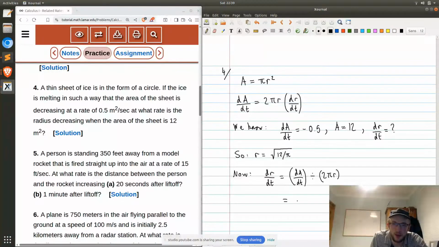And so just putting everything in, we're going to have this divided by 2 times pi times this, or so I believe. And so we've got to compute that. So I'll use this.